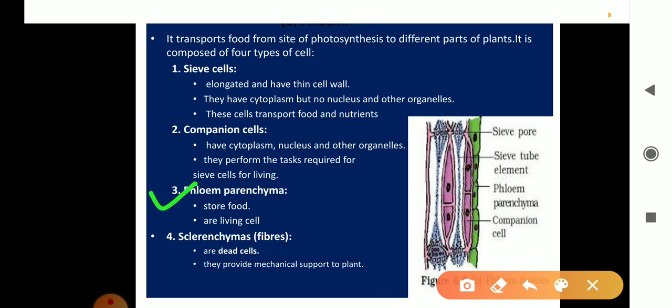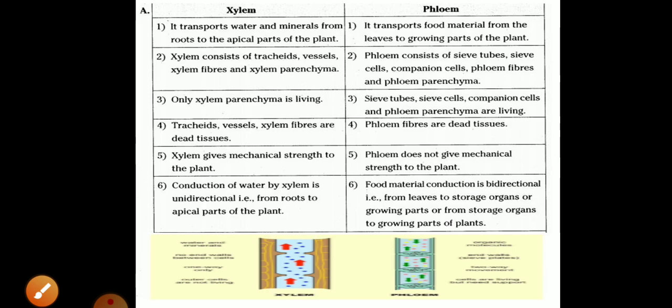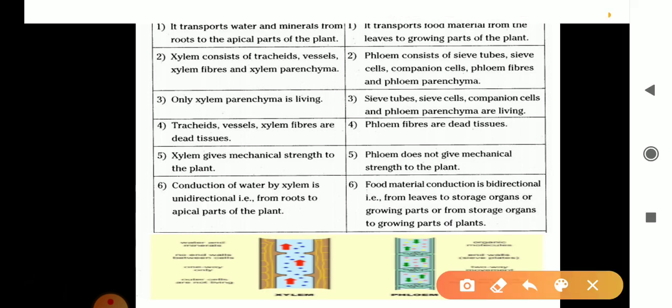Is it okay? Okay, then next is the difference between xylem and phloem. See the differences. First is xylem and second is the phloem.